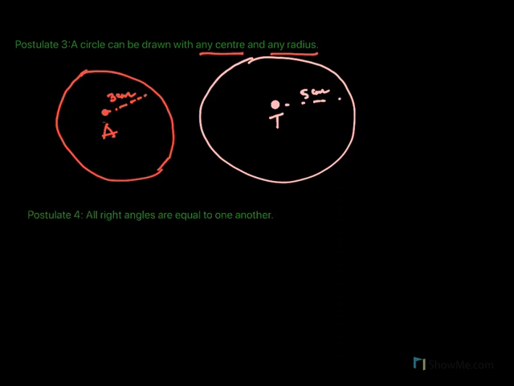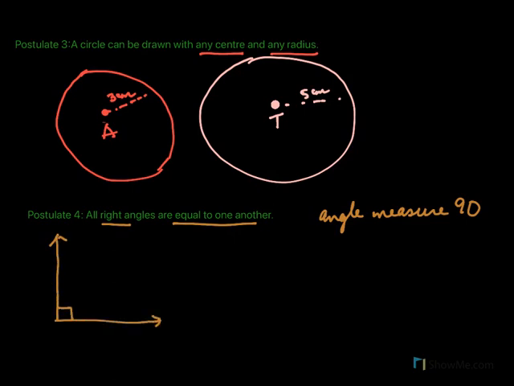Now for the 4th postulate, all right angles are equal to each other. Now what is a right angle? An angle whose measure is 90 degrees. So I'm drawing here a couple of right angles. I can draw one like this, whose measure is 90. Say I will call it ABC. Or I could draw another one in this way, whose measure is again 90. I may call it TSR.